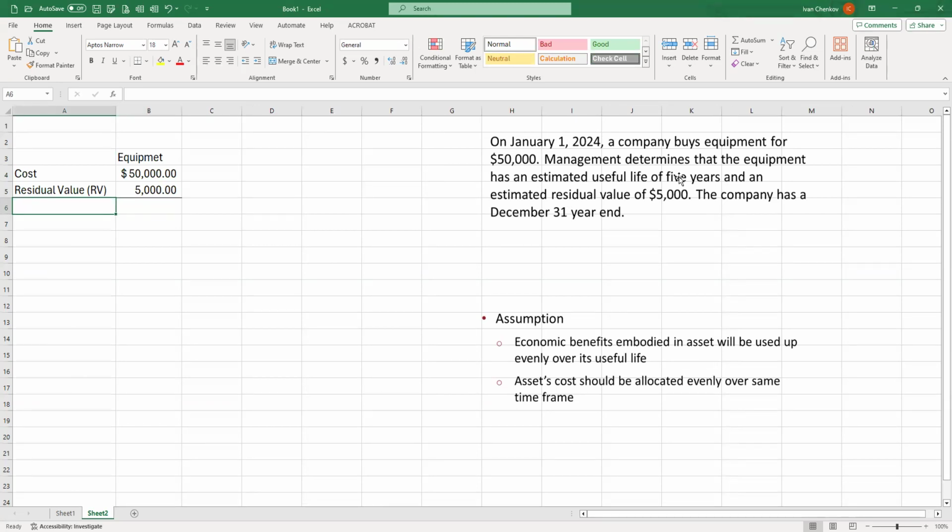Well, the depreciable amount in this case will be the difference between the original cost and the estimated residual value.